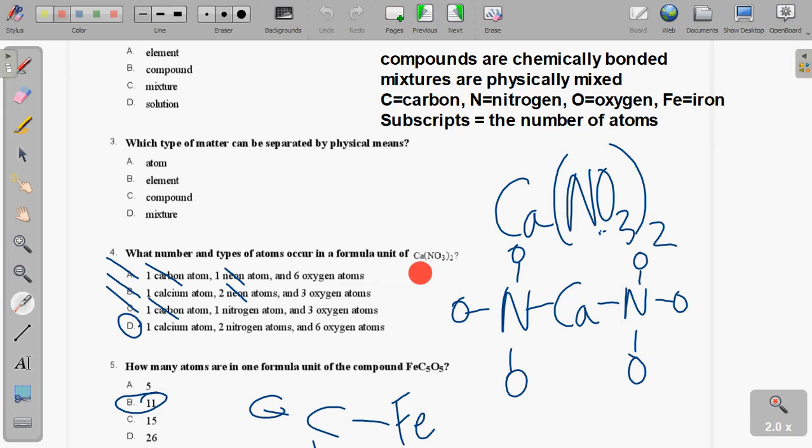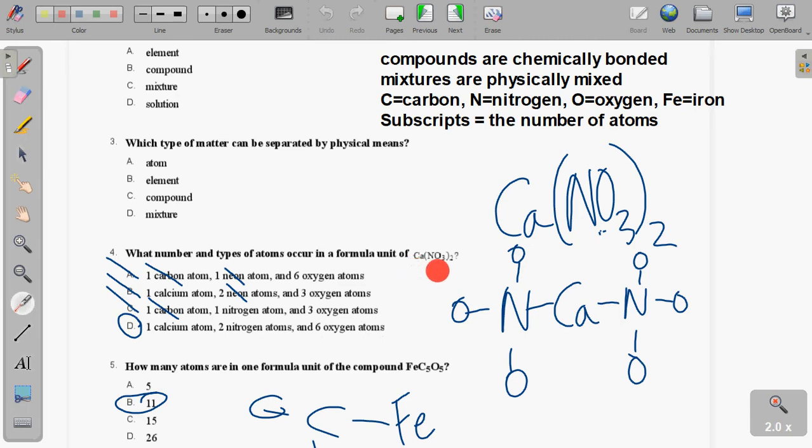As long as we know that Ca is calcium, we know that A and C cannot be the answer. N is nitrogen, so A and B cannot be the answer. So that means the answer has to be D without even having to count the atoms, but let's do that anyway. If it's Ca with an invisible 1, there's 1 calcium.